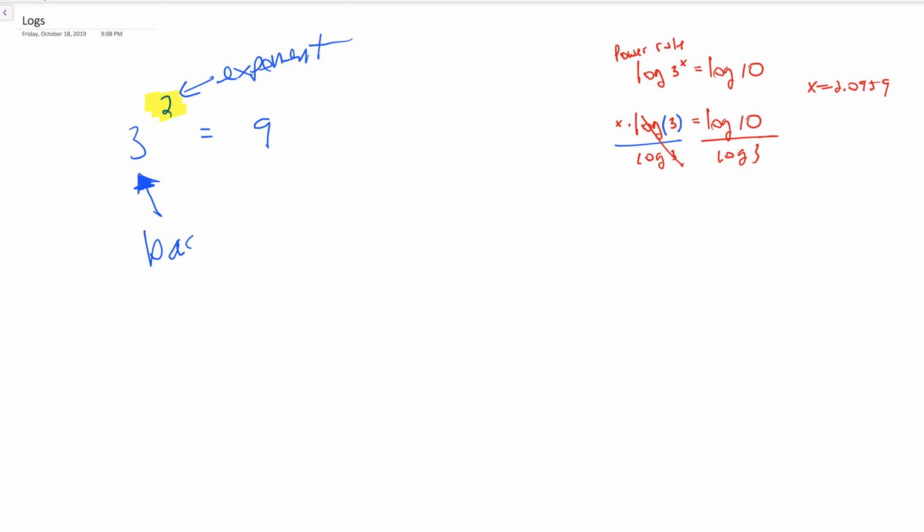Okay, and over here, this one is called the answer. So you have an exponent, a base, and an answer. You can rewrite this entire thing in log language, which I might forget, but there's one thing I know how to do.